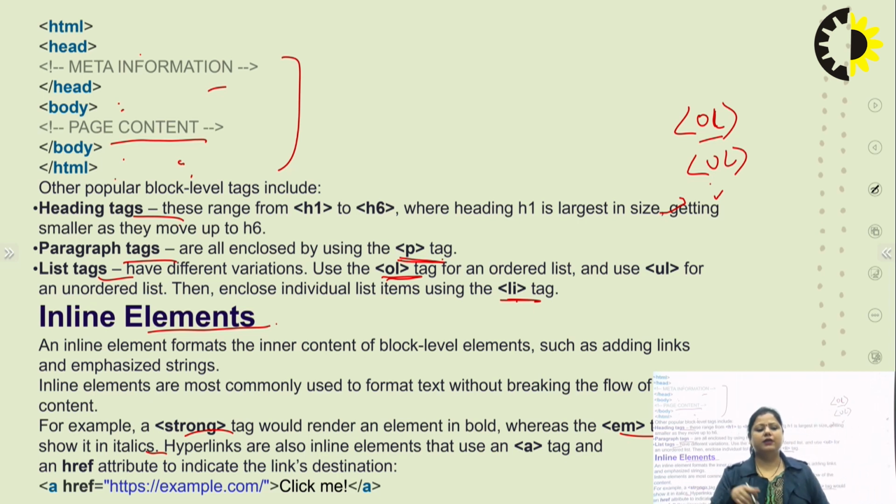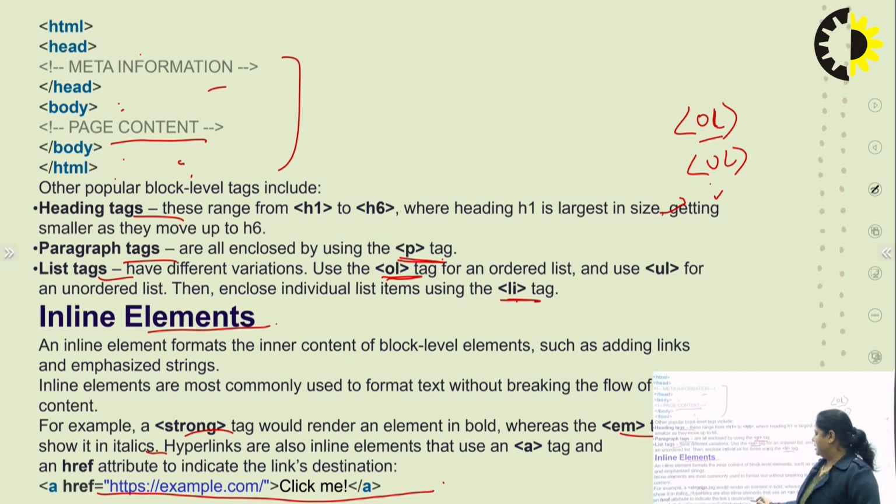Hyperlinks are also inline elements that use the a tag, and with the href reference attribute we can provide that reference, for example clicking an image. That is also an inline element that can use the a tag and the reference attribute to indicate the linked document. With the help of this link, we can get whatever page we require.